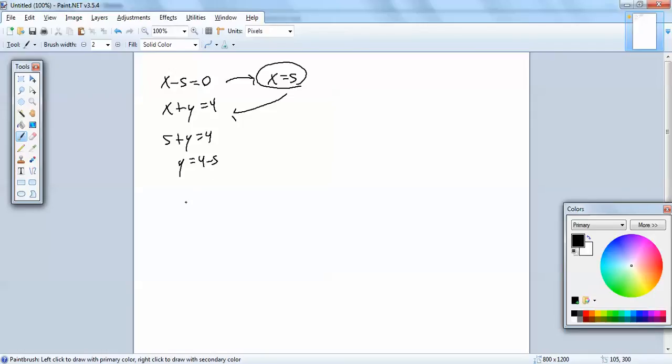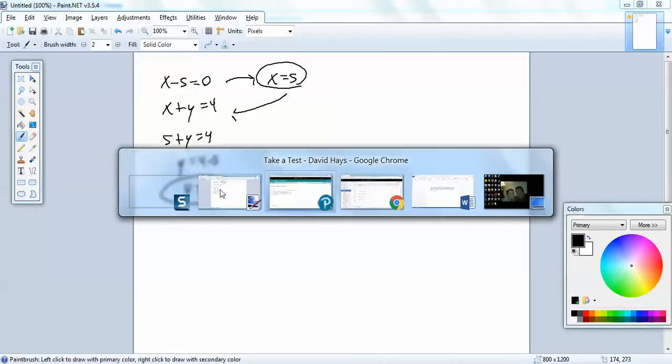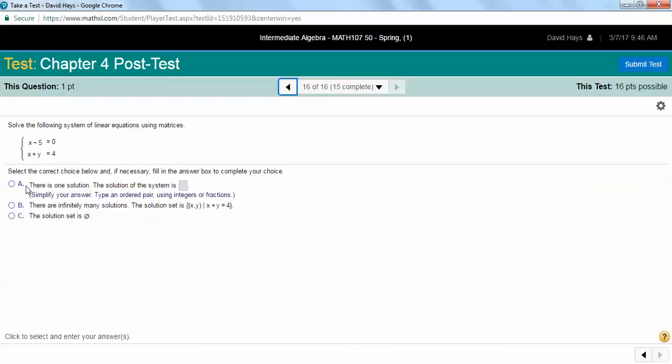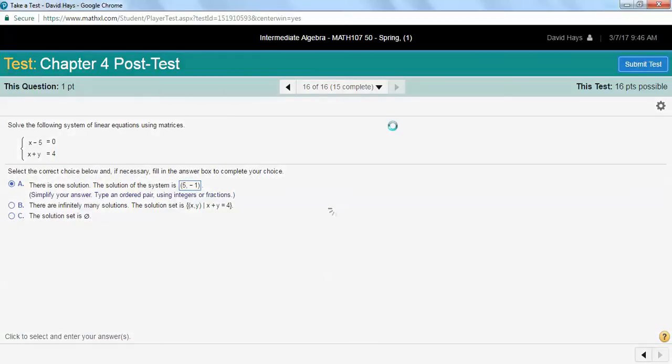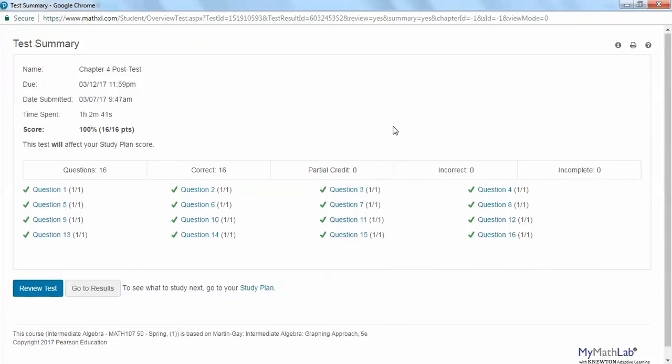Take the 5 over, and we get y is equal to -1. So there's one solution. 5, -1. Here's the moment of truth. Let's submit the test. All right, I didn't miss any. And that'd be the review.